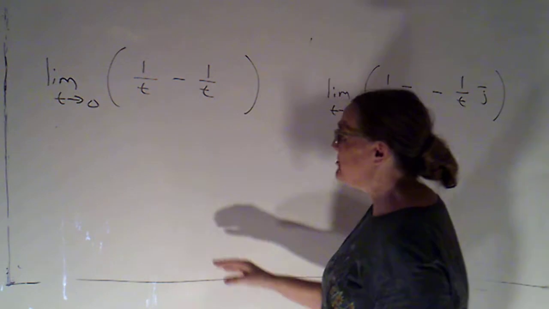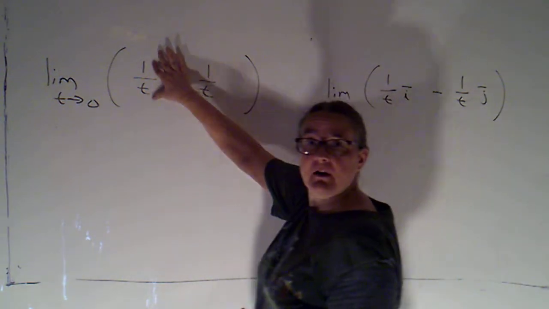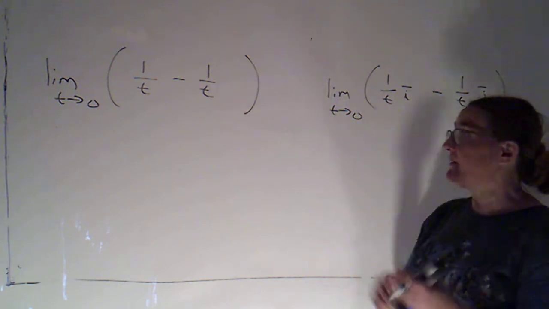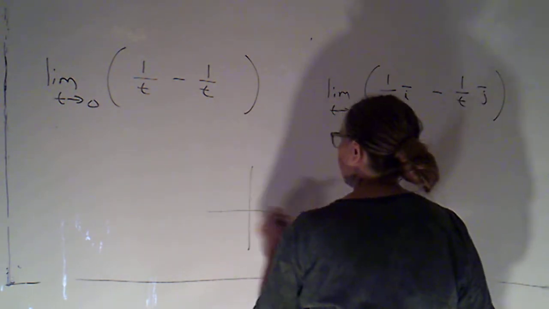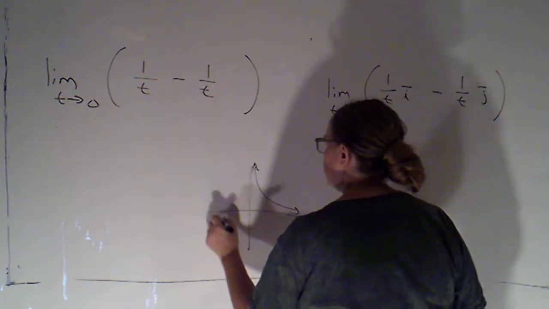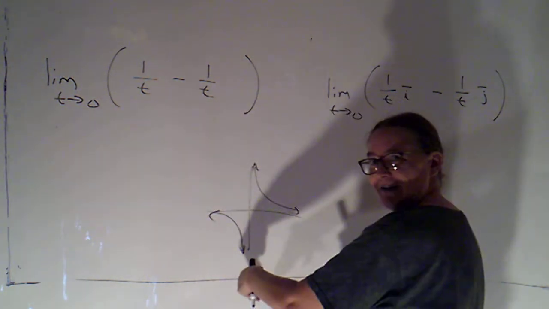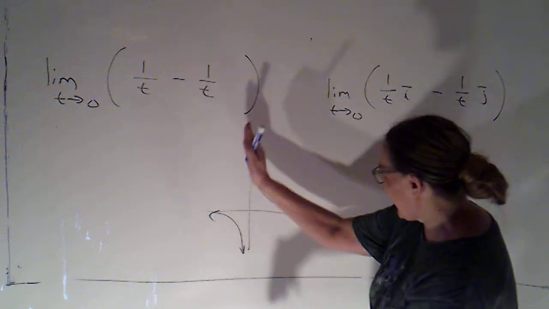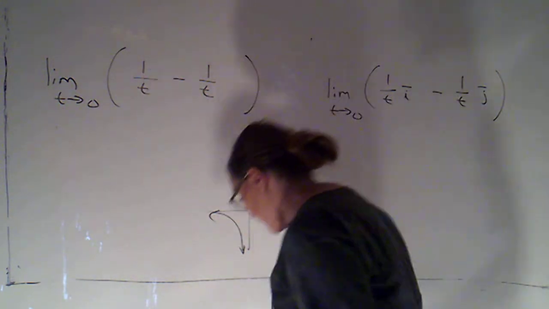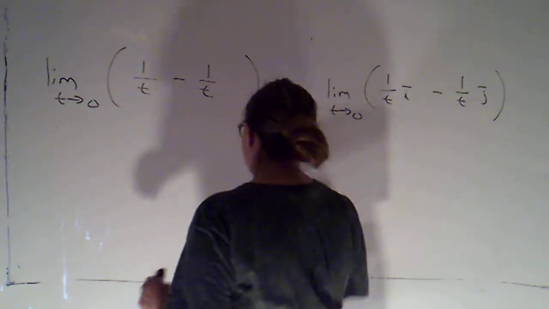Here I can't do that because the limit of 1 over t doesn't exist. Okay. If I look at 1 over t, I can't even say it's infinity or negative infinity because 1 over t goes off to negative infinity if I approach from the left, but off to positive infinity if I approach from the right. So I can't evaluate each of those individually, but I don't have to.